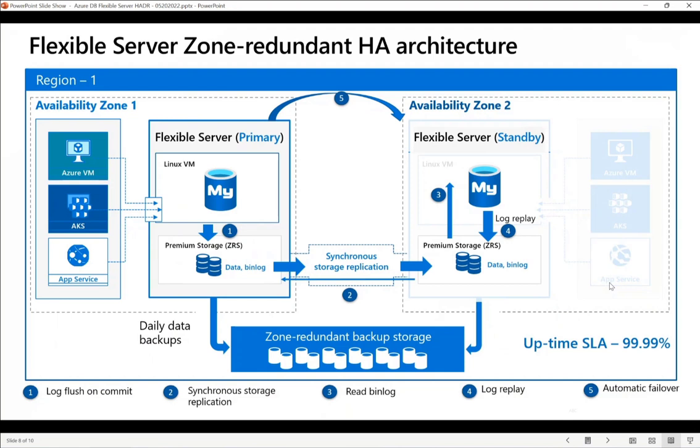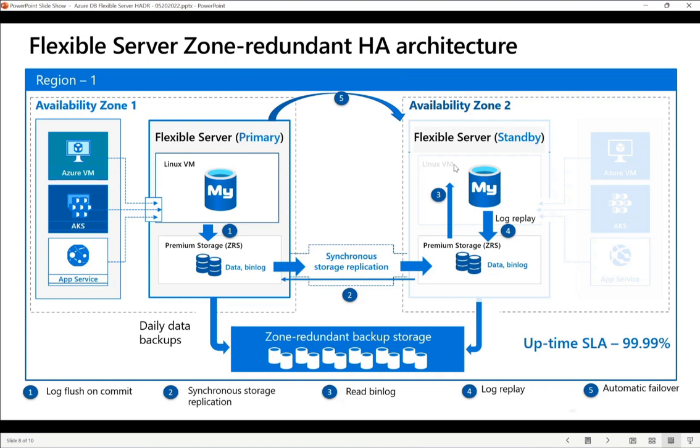Now, as I mentioned, not all the regions in Azure have multiple zones. So one HA topology is the zone redundant HA. In this case, we have the primary instance deployed in zone 1, and then the secondary instance is deployed in zone 2.